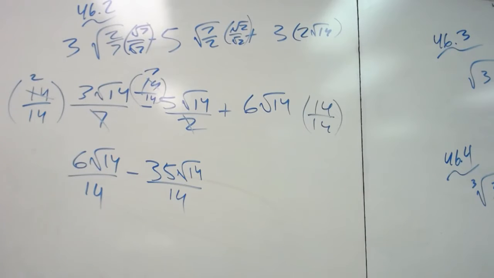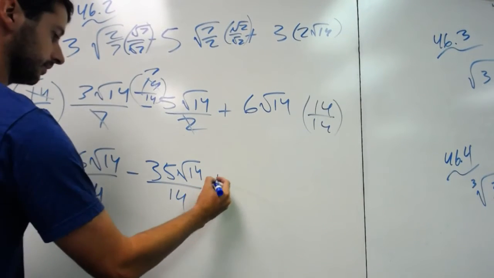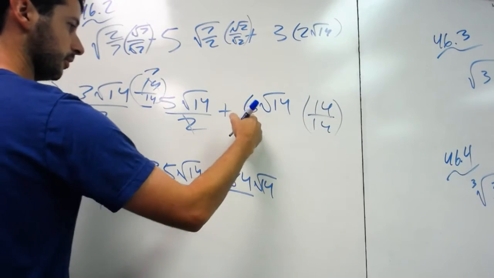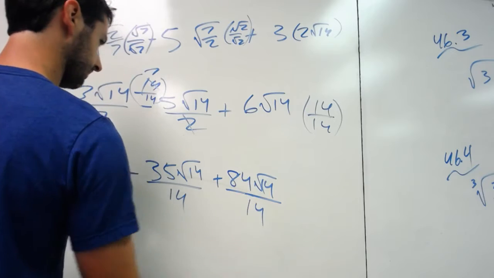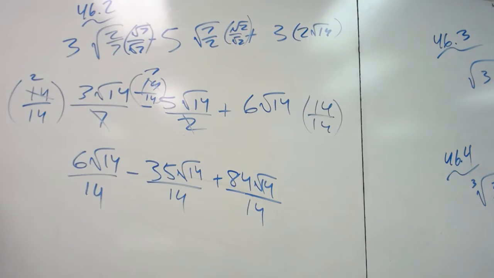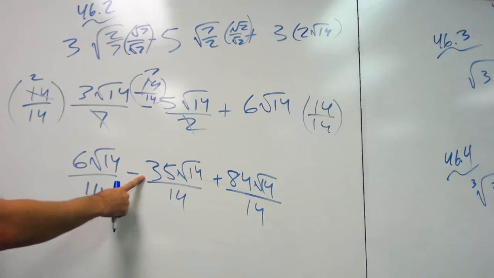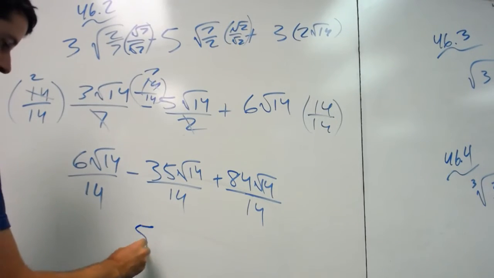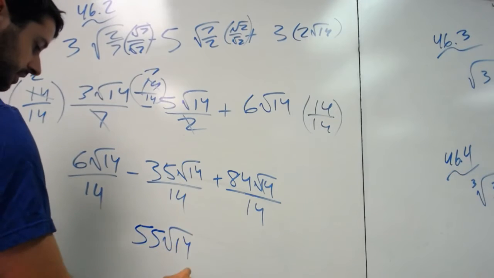And 6 times 14 is 84. 84 radical 14 over 14. And now you can add them together. 6 minus 35 is negative 29. Negative 29 plus 84 is 55. So positive 55 radical 14 over 14.